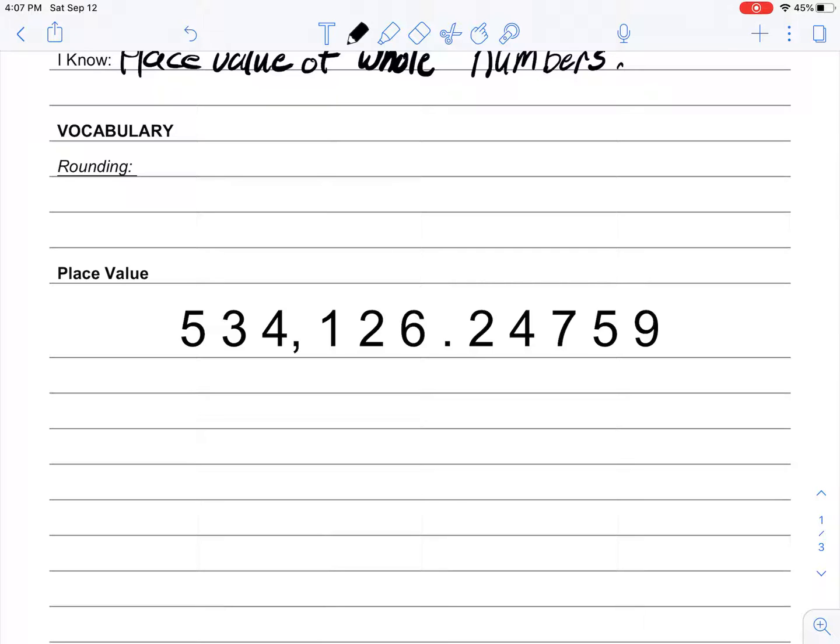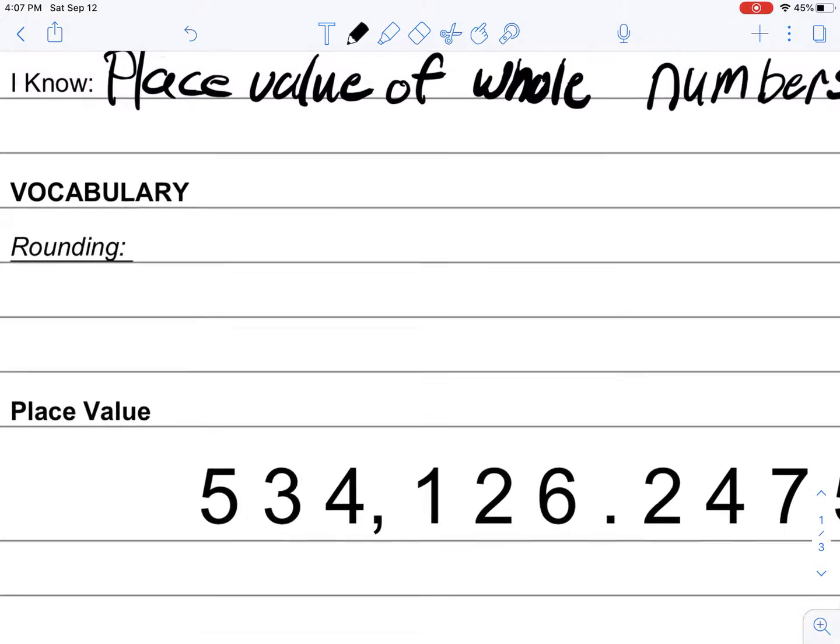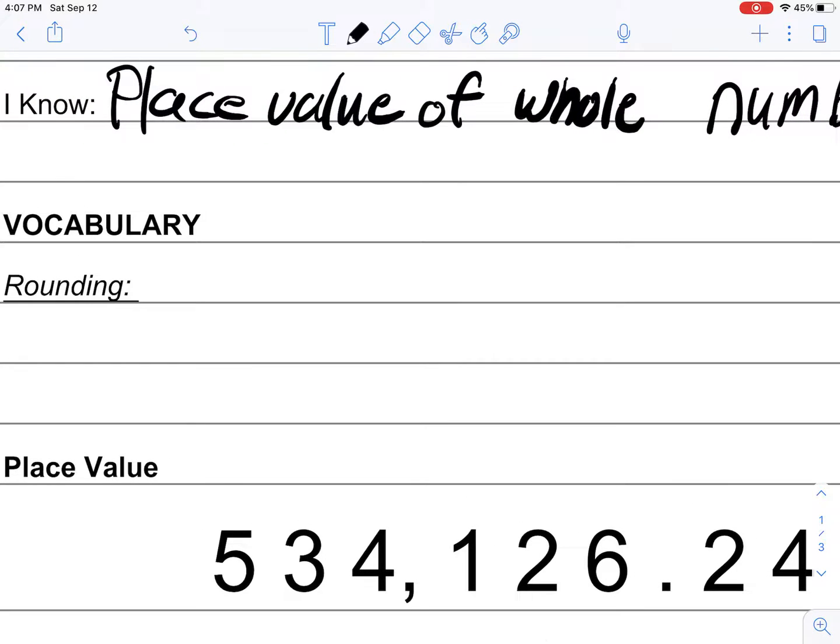The next thing that we're going to write down is our vocabulary. This is a really great stop part for you to pause the video if I write this down too quickly for you.